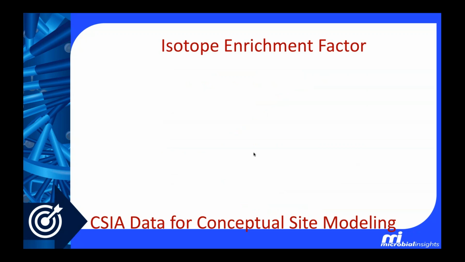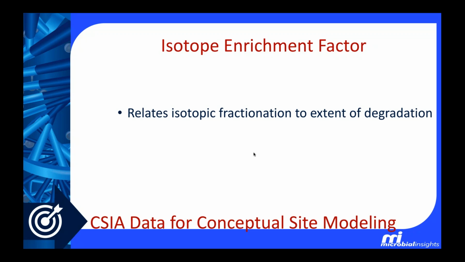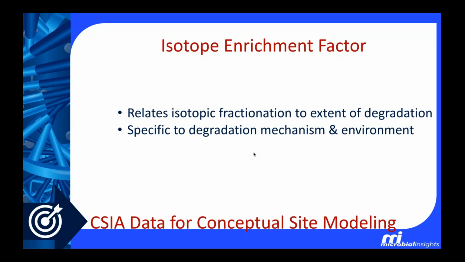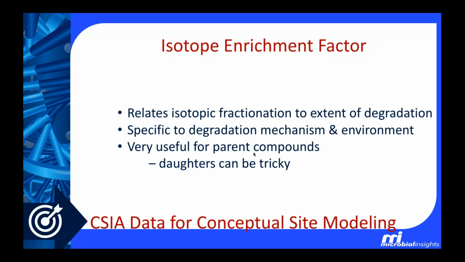So this isotopic enrichment factor relates the increase in the delta value to the extent of degradation at our sites. This enrichment factor is specific to the degradation mechanism, and it's really useful for us in evaluating our parent compounds at the site. Now, we have to be careful if we try to do this with daughter products because they're a lot more tricky.